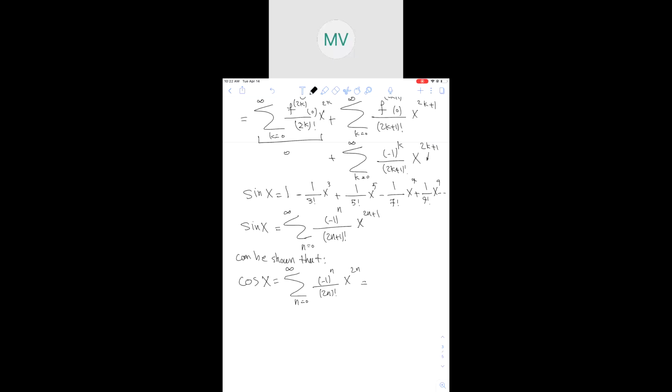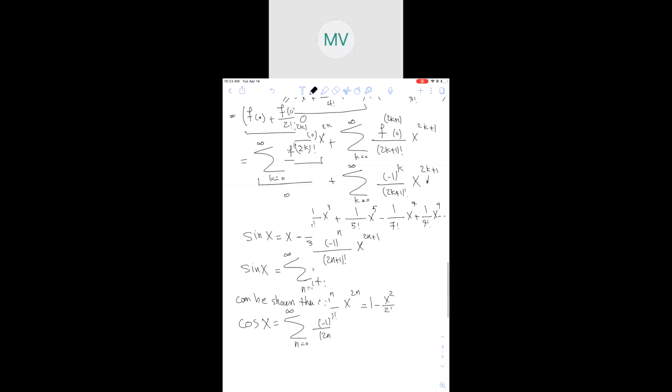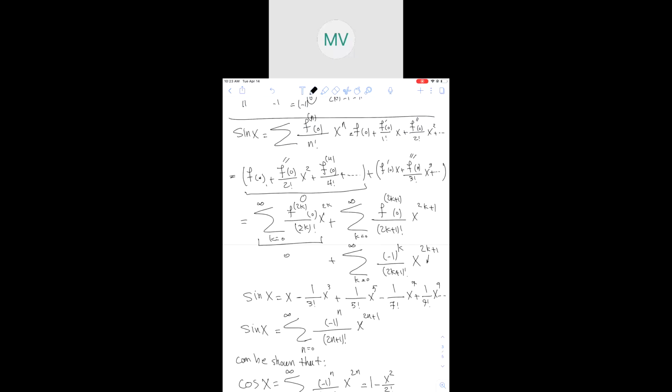So if you open this, that's 1, minus x squared over 2 factorial. Oh guys, I made a mistake here. The first term here should be x. Right? Because if you go back, that's 0, but that one is not.